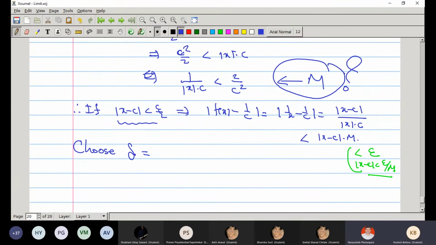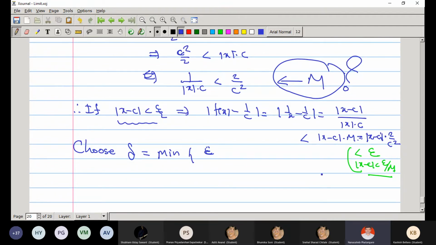So, what is the choice for delta? Minimum of 1 by 2c and epsilon c square by 2. So, what is my m in this case? 2 by c square. x minus c into 2 by c square, and epsilon upon m.